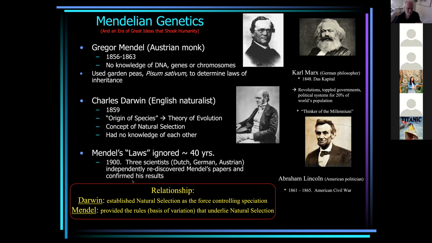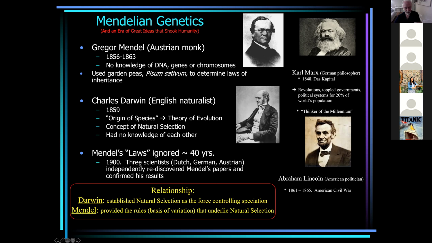Now at the bottom here, Mendel's laws. We'll talk about his laws later, but even though they were published, nobody paid any attention to his work for about 40 years.